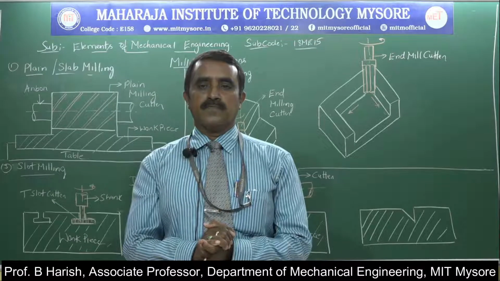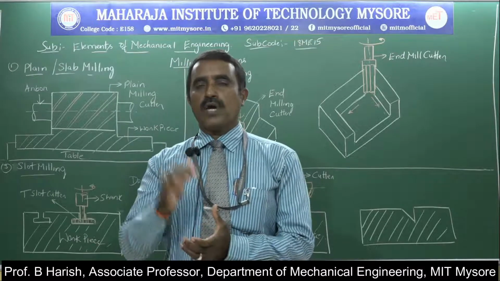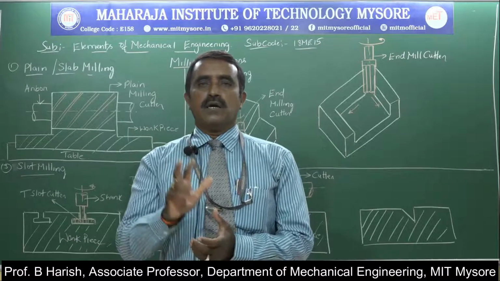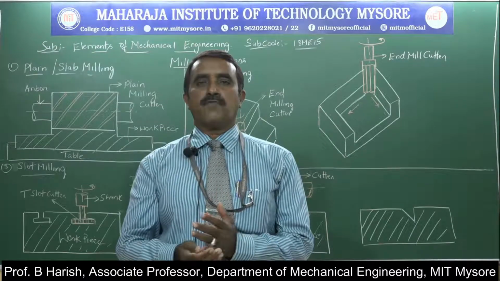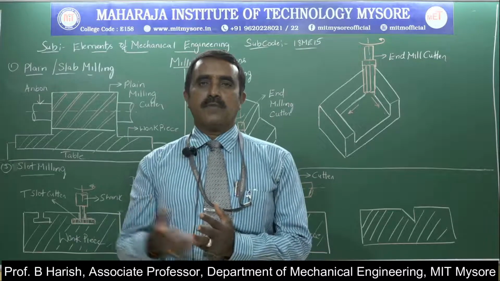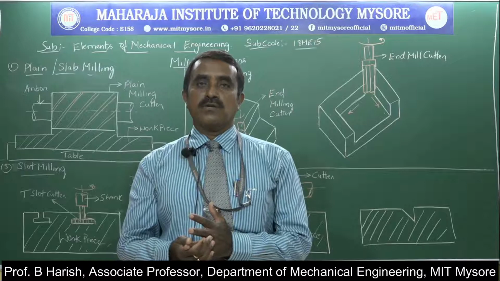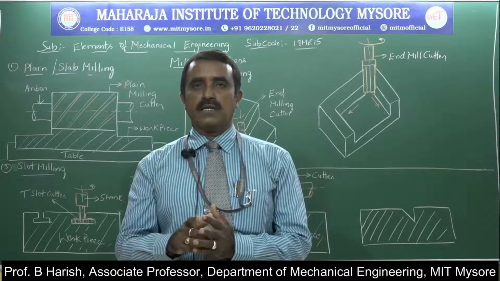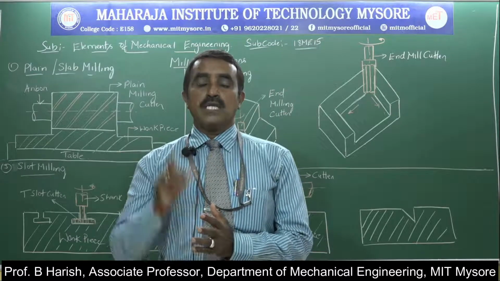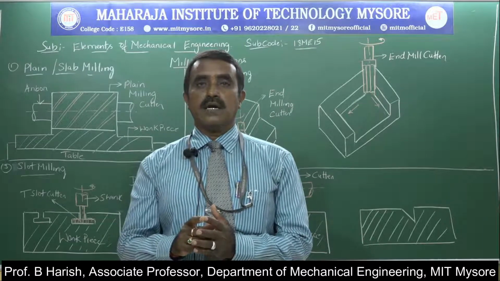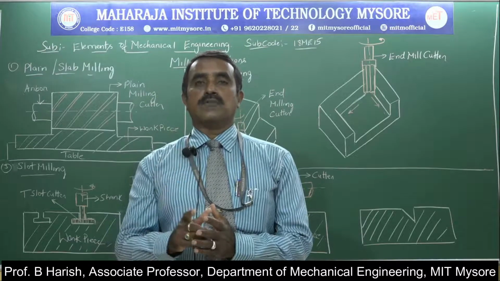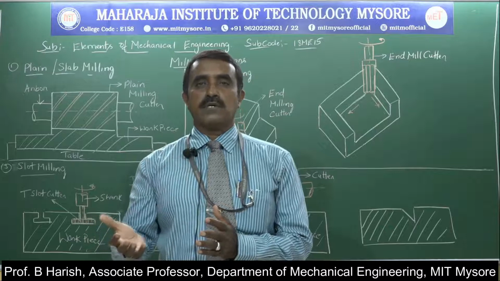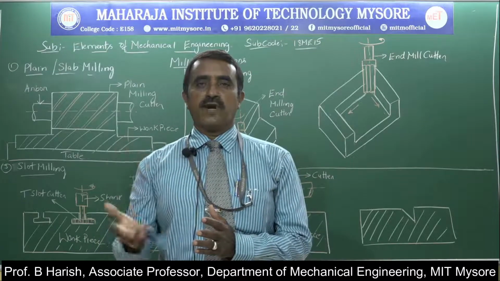Before going to the operations, some of the operations can be performed on a vertical milling machine and some of the operations can be performed on a horizontal milling machine. That is one thing that has to be taken into account. The second important thing is that the cutter is not the same. Different types of cutters are used for performing different operations.